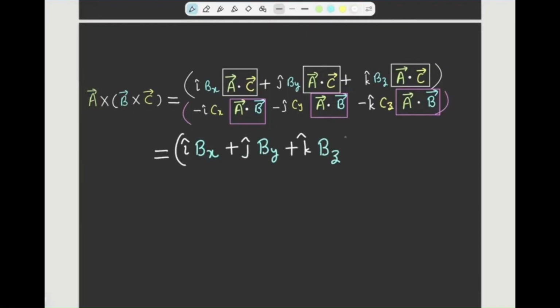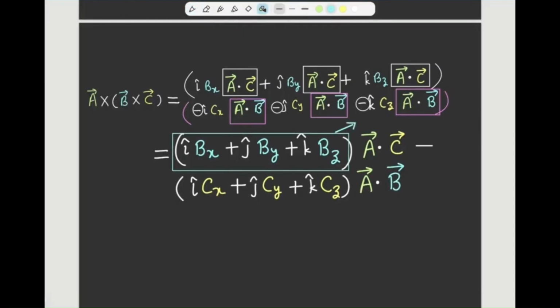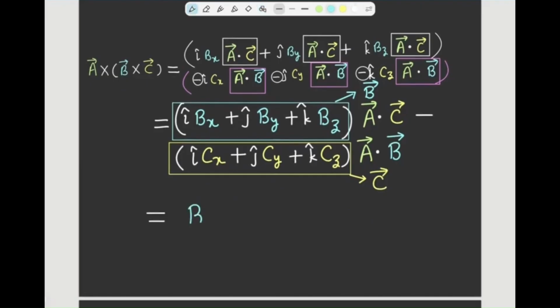Now we have i hat bx plus j hat by plus k hat bz times A dot C minus parentheses begin i hat cx plus j hat cy plus k hat cz parentheses closed times vector A dot vector B. We know that i hat bx plus j hat by plus k hat bz equals vector B, and i hat cx plus j hat cy plus k hat cz equals vector C. And here we go.